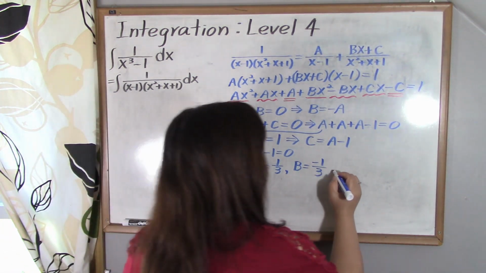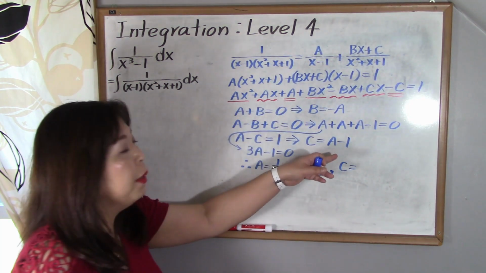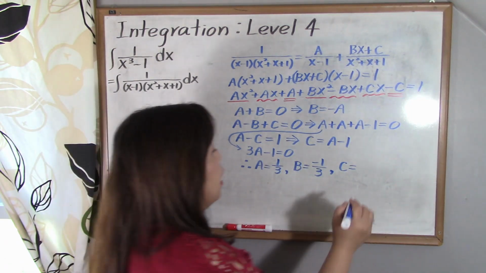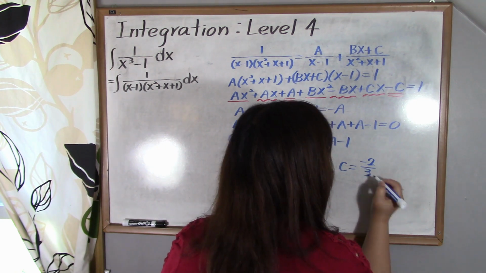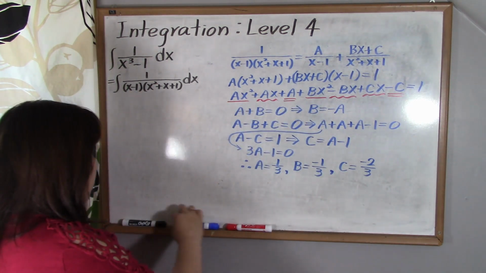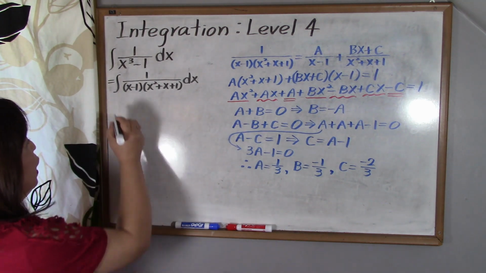How about c? C is equal to a minus 1, which is 1 over 3 minus 1. That is negative 2 over 3. Right?